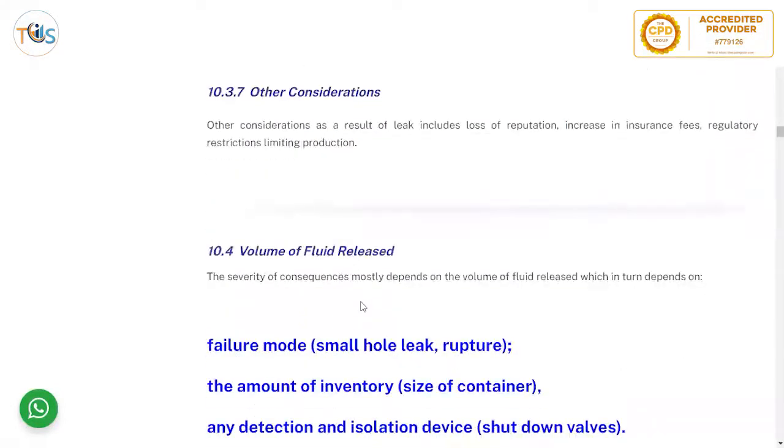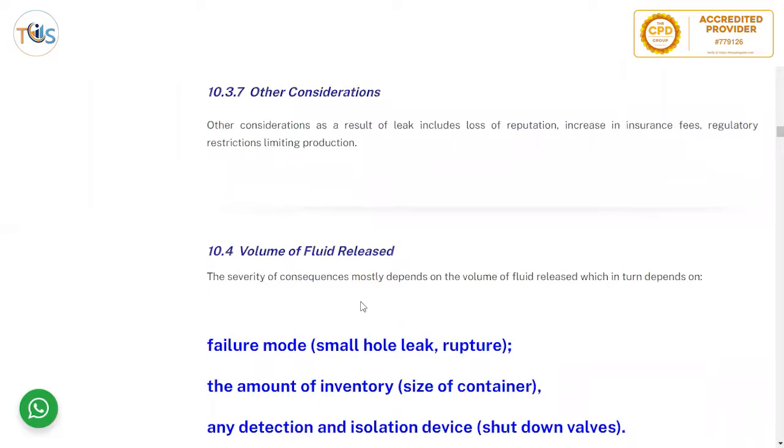Other considerations as a result of leak include loss of reputation, increase in insurance fees, regulatory restrictions, and limiting production. So if there is a catastrophe or a failure and the loss of production, it's not only the shareholders, the share market may go down for that particular company, and you lose reputation, the reliability will be under question.